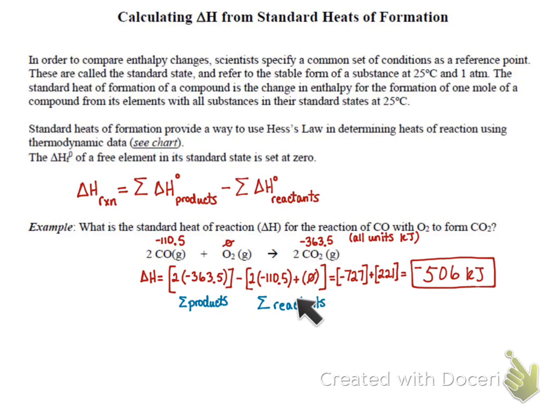And that is going to be plus oxygen, but oxygen is 0. And so it's going to be minus 727. Because of the signs, we are subtracting a negative number here. So those are going to be added together, and the total is going to be negative 506 kilojoules.